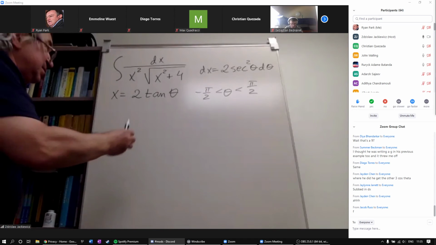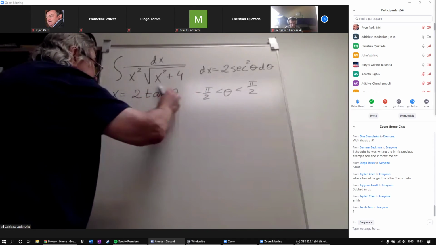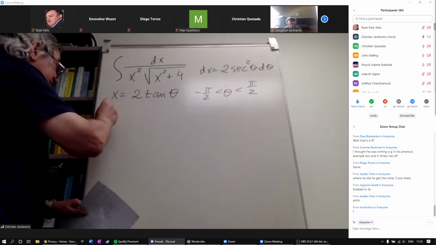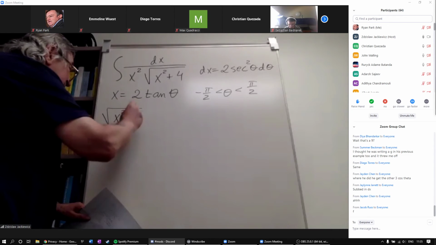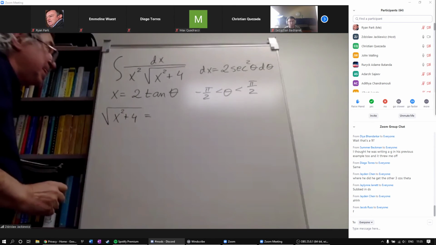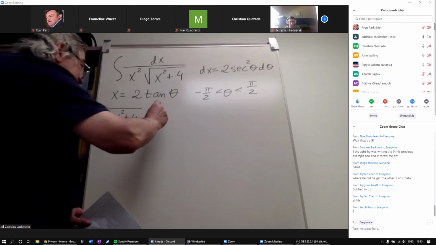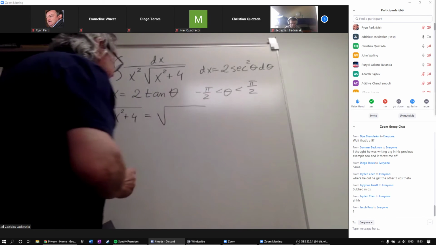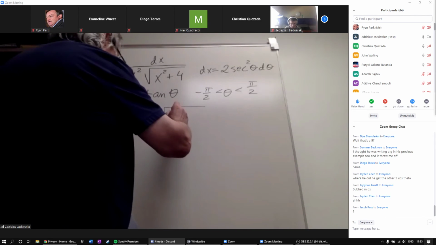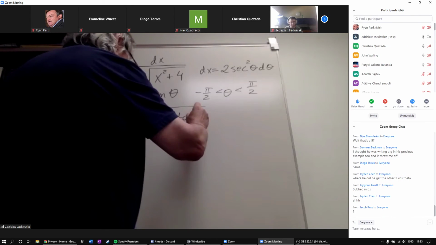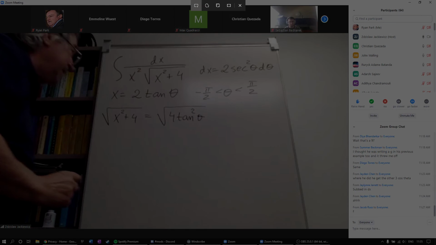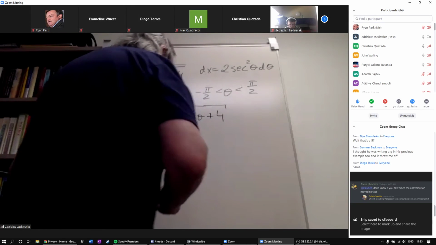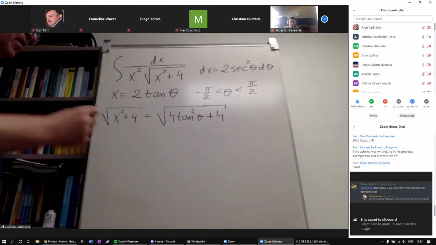Now, as before, let's compute this on the side. What is the square root of x squared plus 4? That's equal to the square root of 4 tangent squared theta plus 4. You can factor out 4, and then 2.